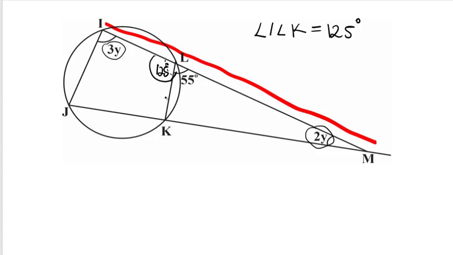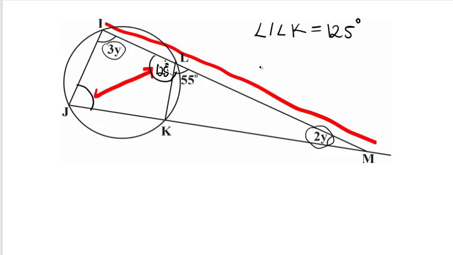If that is the case, then we can try finding the angle opposite to that angle, because we know that under cyclic quadrilateral, the interior opposite angles sum up to 180 degrees. Therefore, the angle here and the angle here, these angles sum up to 180 degrees.